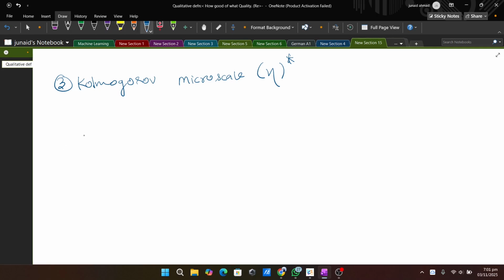So this is mathematically represented by a very simple formula. We also need to know that at this scale, the value of the Reynolds number is very close to 1.